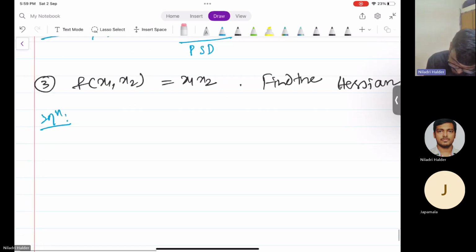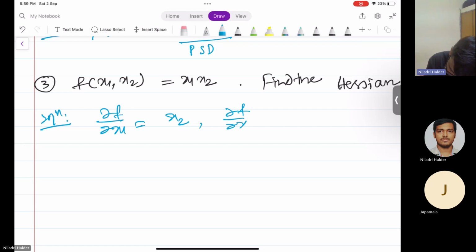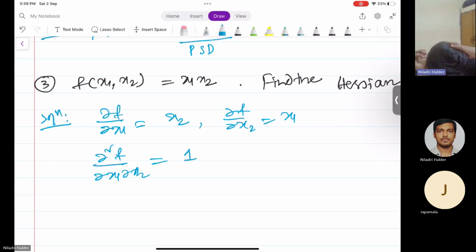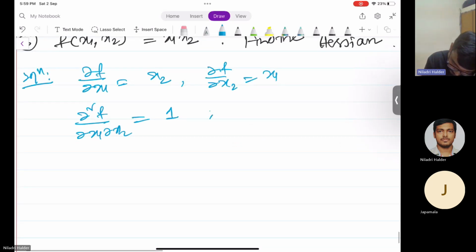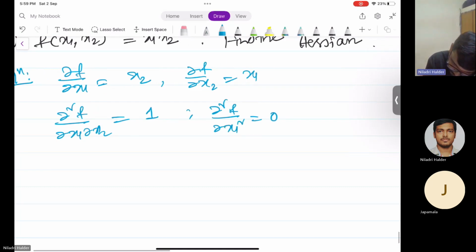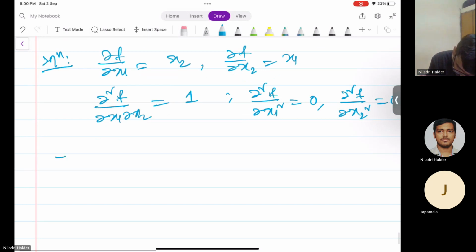So the solution is: del f del x1 equals x2, del f del x2 equals x1, del 2f del x1 del x2 equals 1, and del 2f del x1 2 equals 0, and del 2f del x2 2 equals 0. So now what is the Hessian?